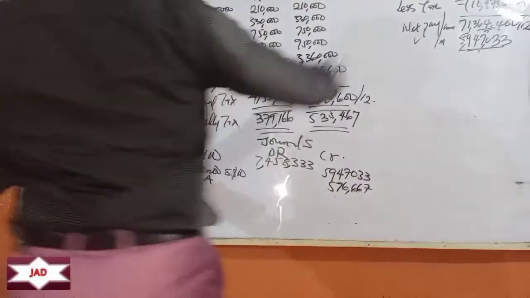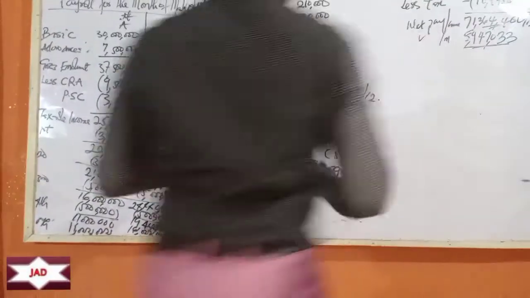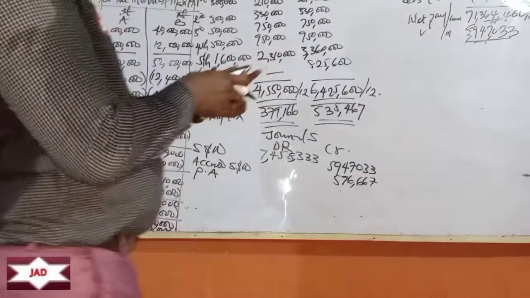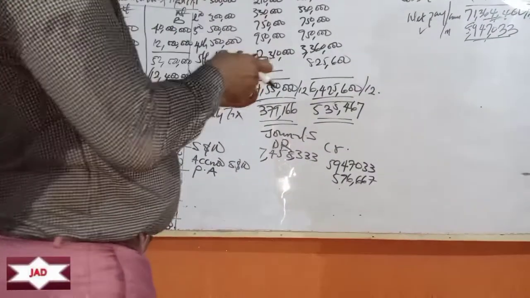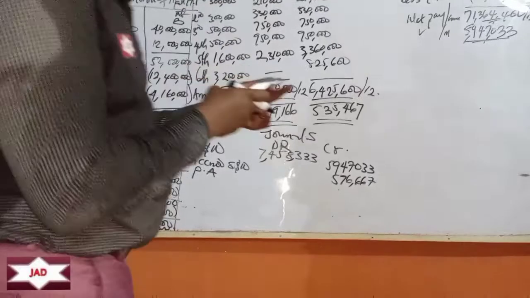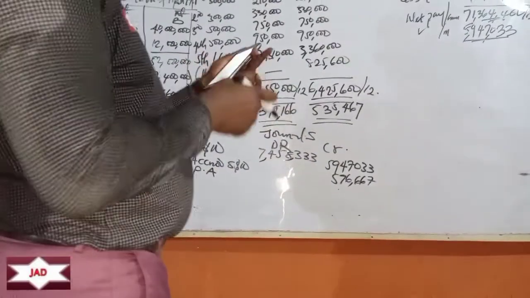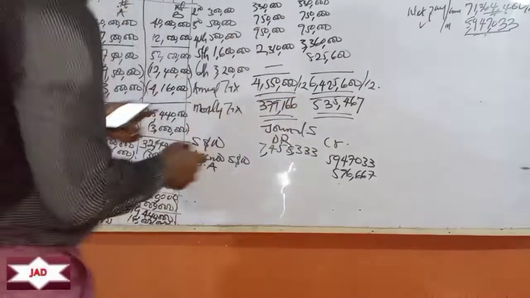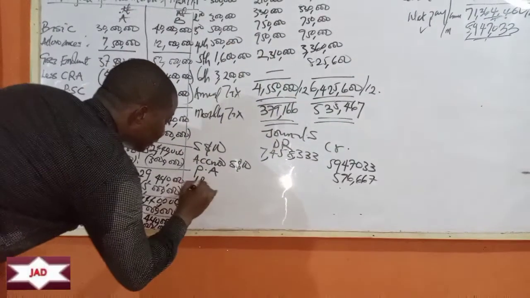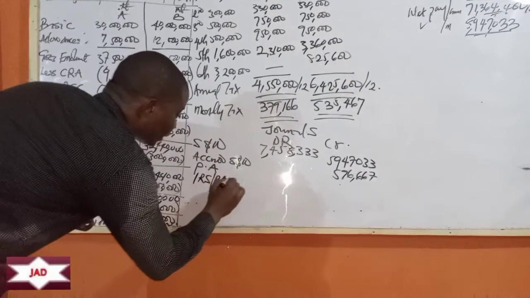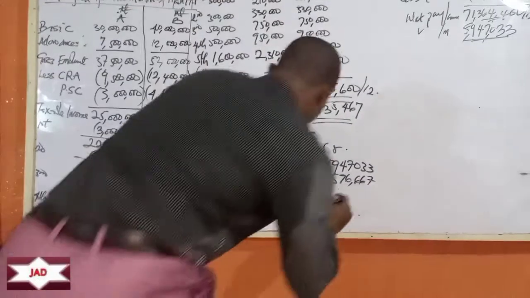So what's the tax paid? 10,975,600 divided by 12 is 914,633. So we have Inland Revenue Service, or what we call pay as you earn. What do I have here?